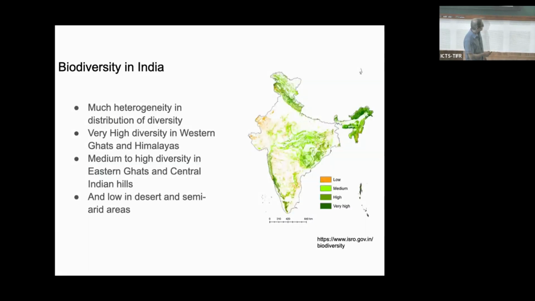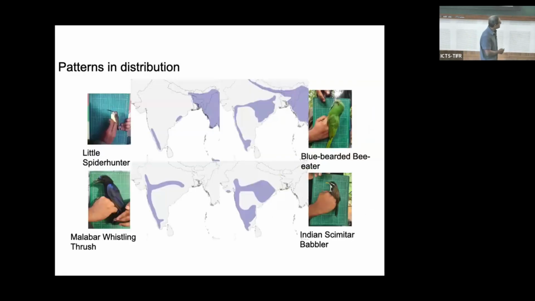See this? Some of these patterns seem to follow this, and some go all the way across through the Satpuras, and sometimes they connect back here. So you can imagine there are different kinds of distributions.